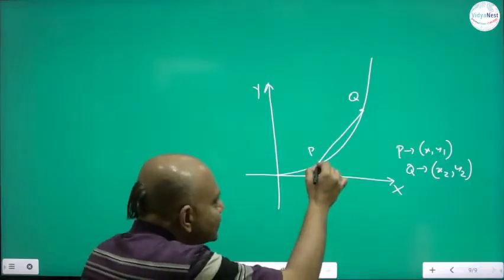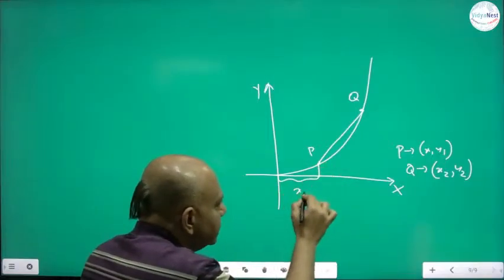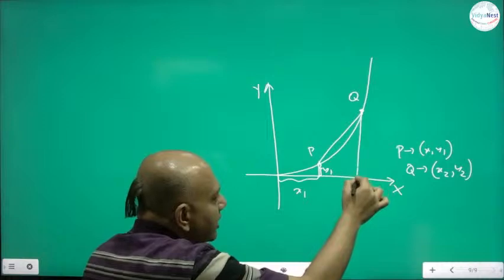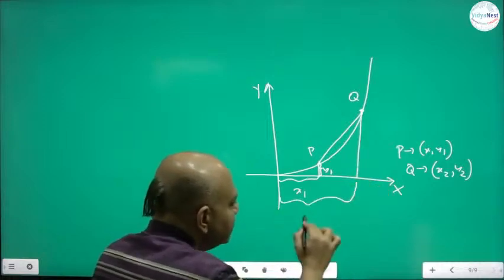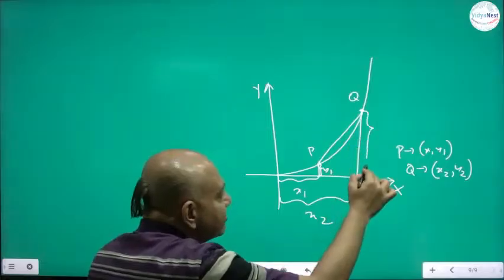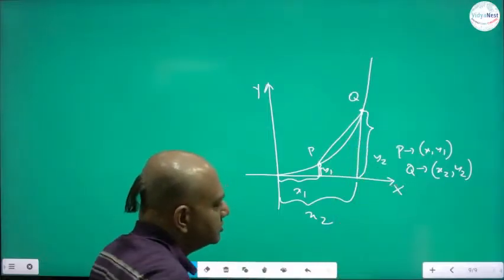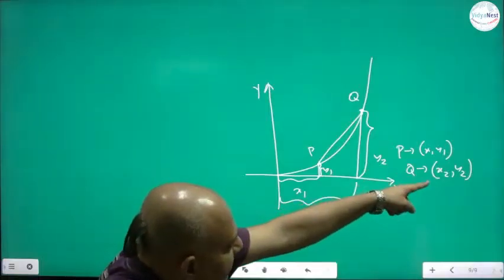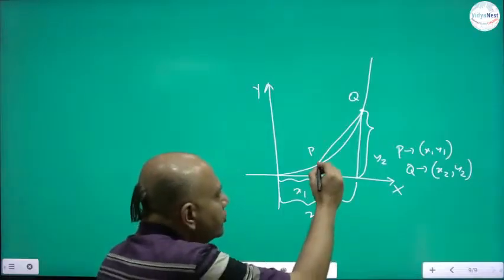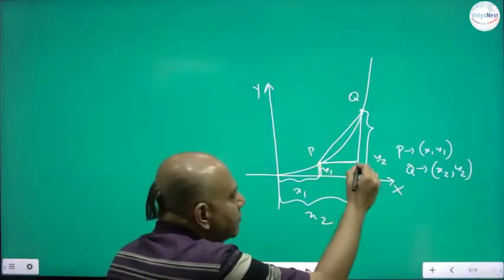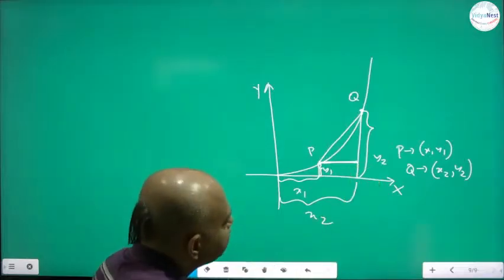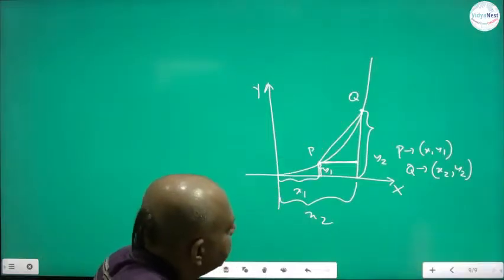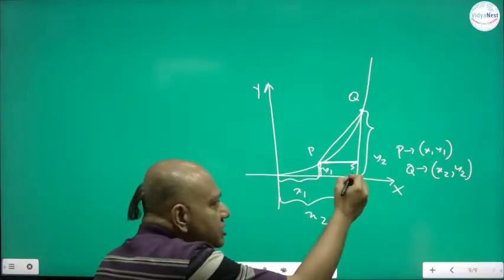Now, this length is x1, this length is y1. This length is x2, this length is y2. What the coordinates we have seen? x1, y1, x2, y2, isn't it? Now, if I drop a perpendicular from Q on this line, this length is also y1.